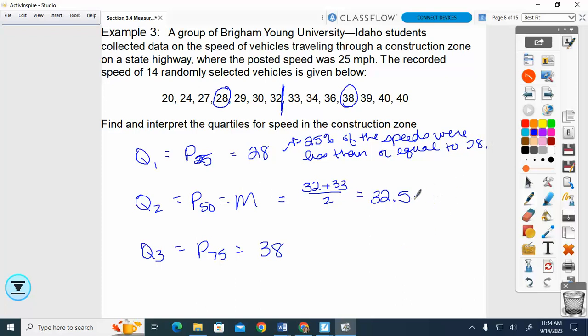I'm not going to write the sentence for all of them, but how would I interpret the second quartile? 50% of speeds were less than or equal to 32.5. This one would be 75% of speeds were less than or equal to 38. So make sure you could write those sentences to explain it.